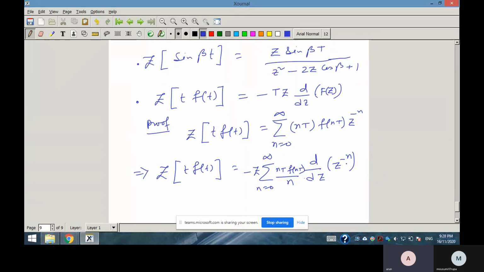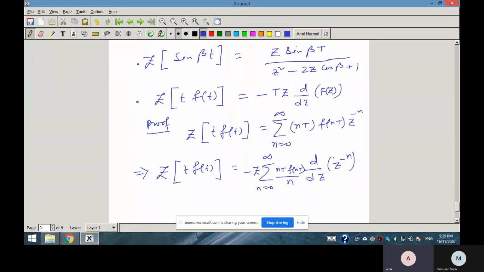If we take the derivative, then ultimately it will be nt, and this z will get cancelled, because it will be minus z to the power minus n by z.